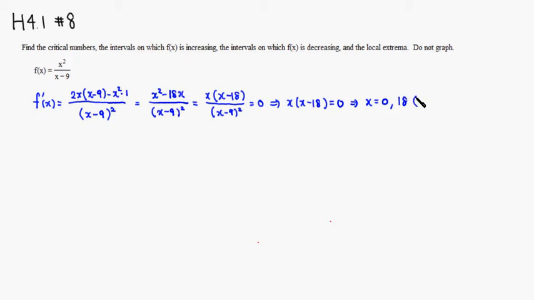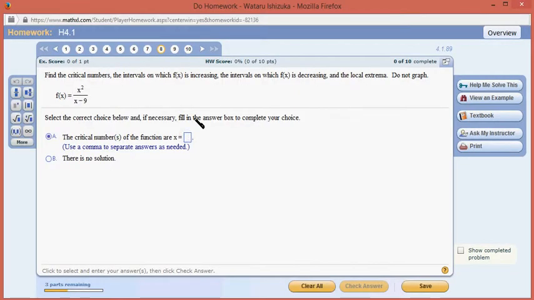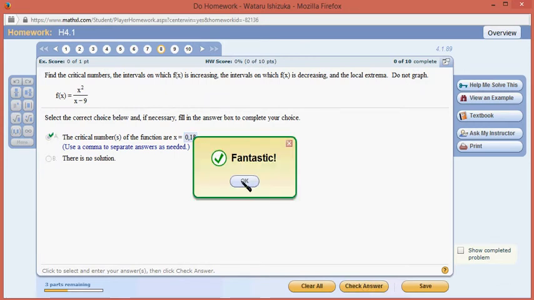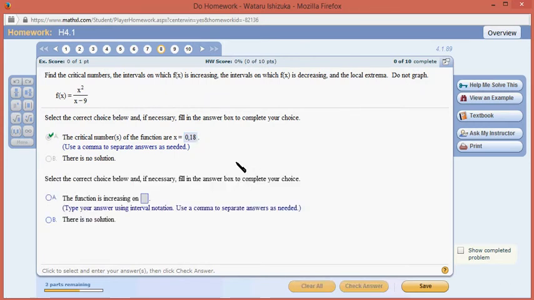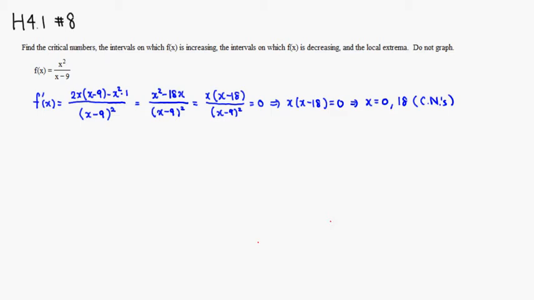So these are the critical numbers. Let's type that in: 0 and 18. Got that. And we want the intervals of increase and decrease.